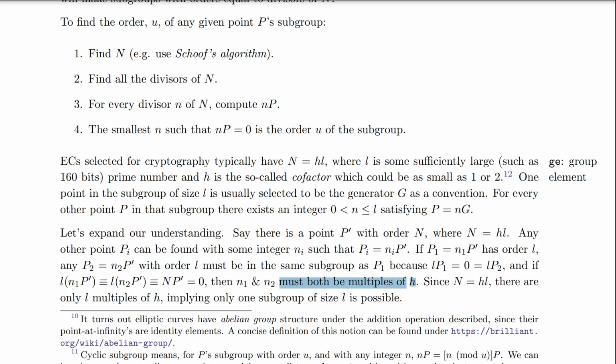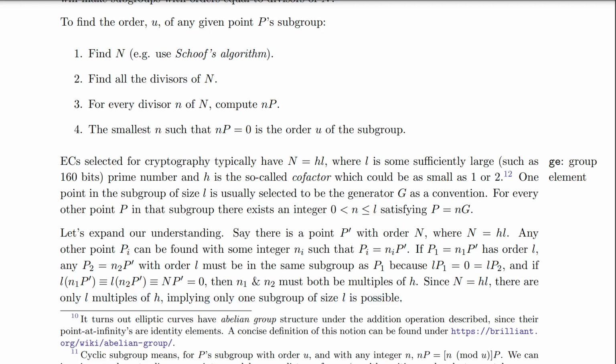And with that noted, knowing that in terms of the entire elliptic curve order, there are only L variations of multiples of h, and that occupies the entirety of the larger group, then that means that only one subgroup of size L is possible, right?